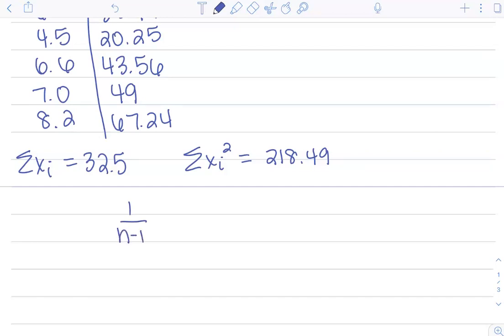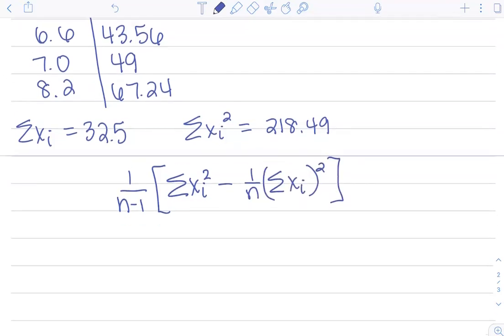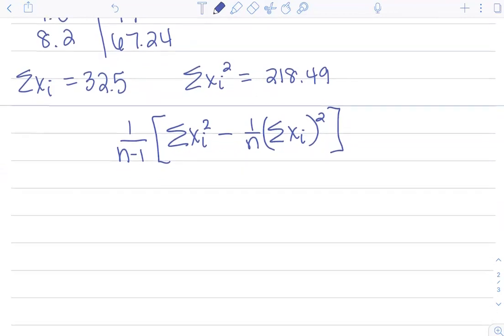we're looking at 1 over n minus 1 times the sum of the xi squared minus 1 over n times the square of the sum of the xi's. So we'll put this into our formula. It's 1 over 4 times the sum of the xi squared, that's this number, the 218.49.